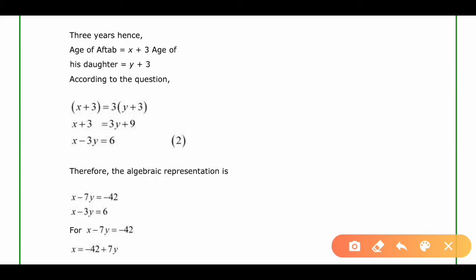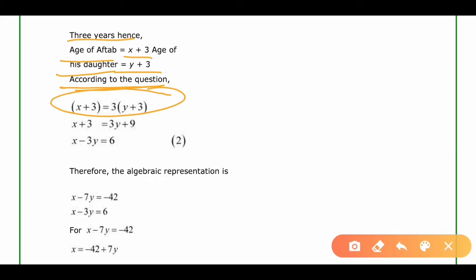3 years hence, Aftab's age would be x plus 3 and his daughter's age will be y plus 3. According to the condition given, the age of Aftab after 3 years would be equal to 3 times his daughter's age.